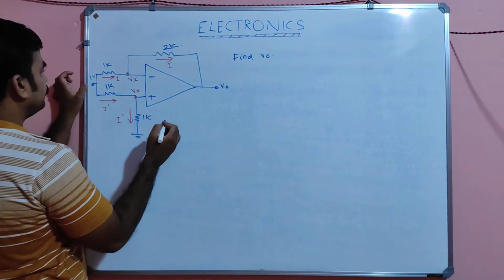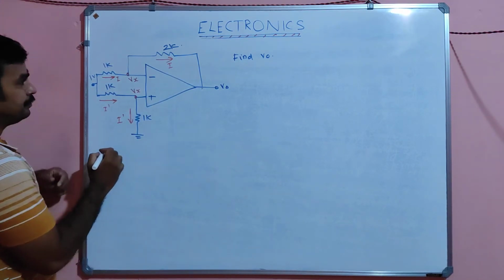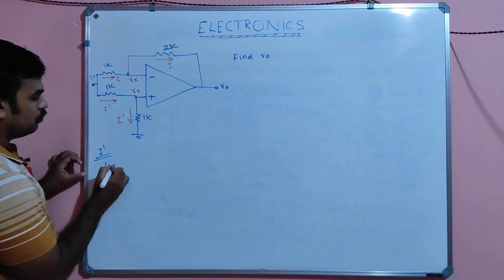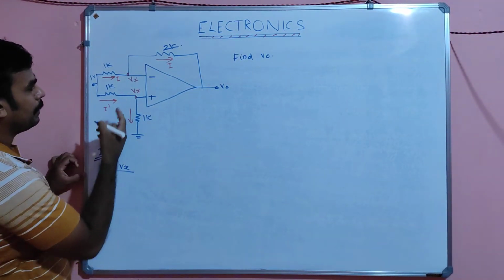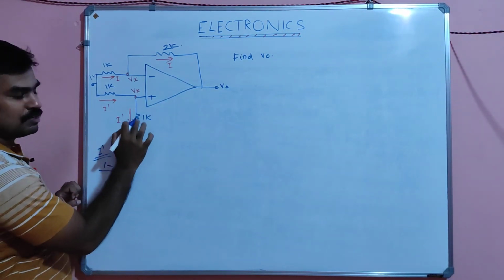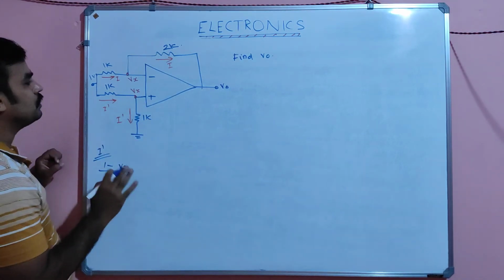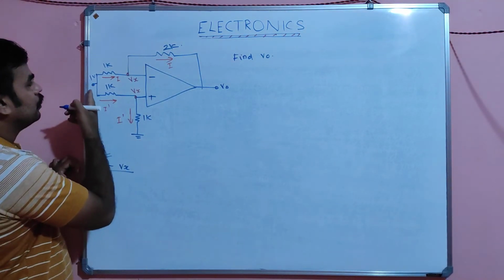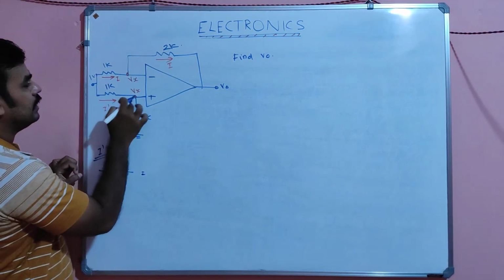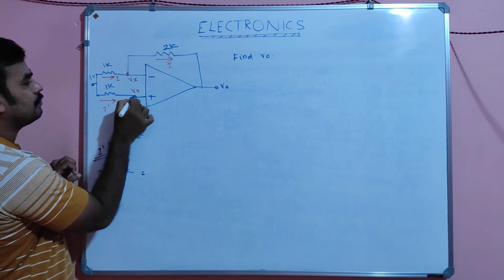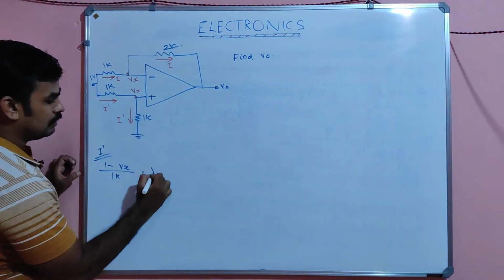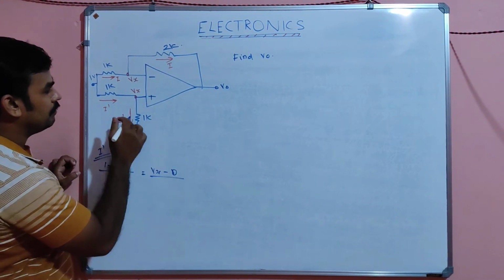So what do I get? This is 1 volt. For I dash I apply 1 minus Vx divided by 1k. This Vx is not 0, my dear, because there is a resistance there, it is not directly grounded, so you can't take Vx equal to 0. The current from here to here is the same as the current from here to here, which is Vx minus 0 divided by 1k.